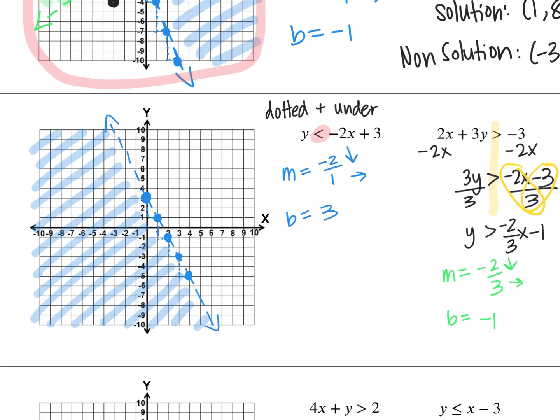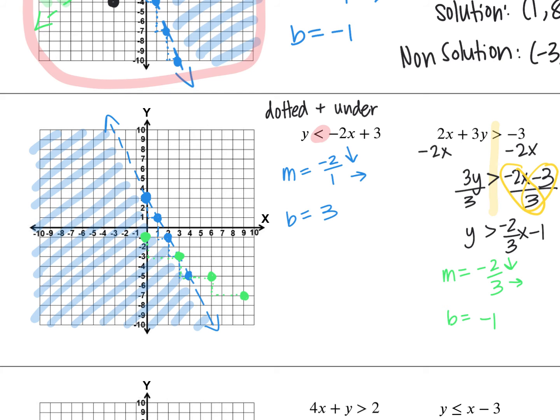I'm going to put negative 1 on the y-axis here, because that's my b value. And then I'm going to move down 2 to the right 3 and plot a point, and repeat.